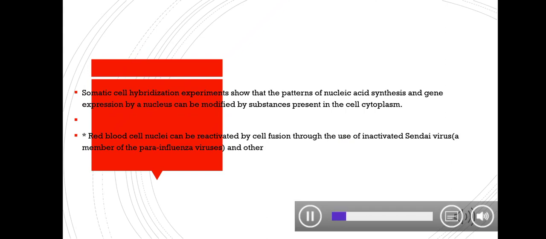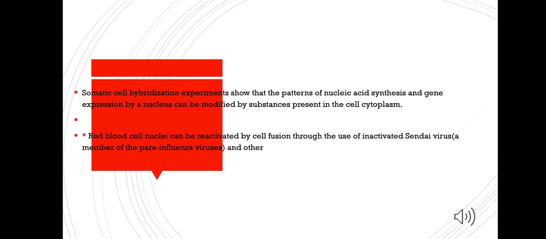Somatic cell hybridization experiments show that the patterns of nucleic acid synthesis and gene expression by a nucleus can be modified by substances present in the cell cytoplasm. Red blood cell nuclei can be reactivated by cell fusion using inactivated Sendai virus, a paramyxovirus, para-influenza virus, and others.